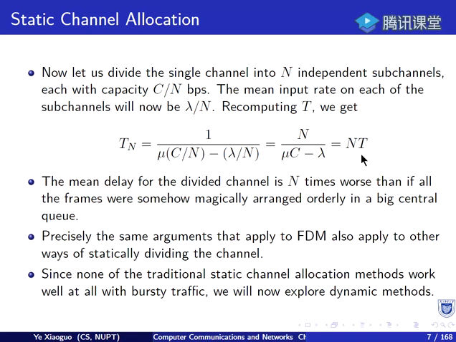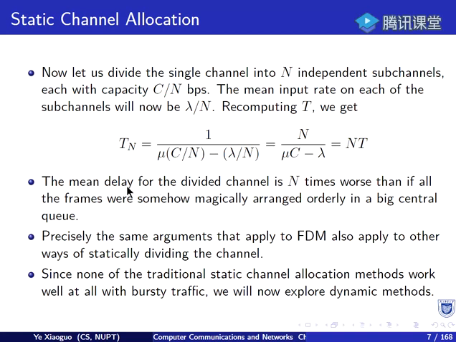This result says that when the channel is divided into n independent subchannels, the performance becomes better or worse? It becomes worse, not better, right? Because the delay became n times what it was before, so it is worse than before.